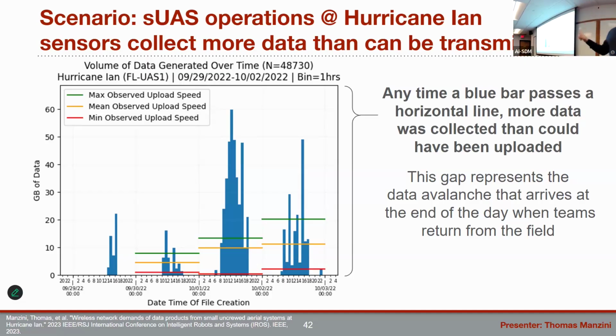This isn't too big of a problem on days 1 and 2, but once teams transition to mapping, which is what the orthomosaics that I've been talking about are focusing on, this whole system breaks down. You just have to be very selective about the data that you want to send, and so you end up shouting at people over a radio about what you see in the orthomosaics. It's a tough balance.